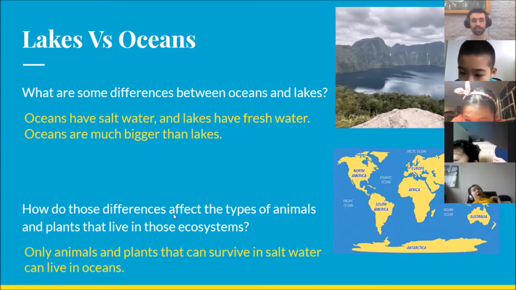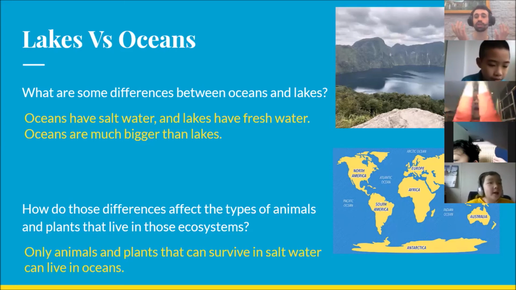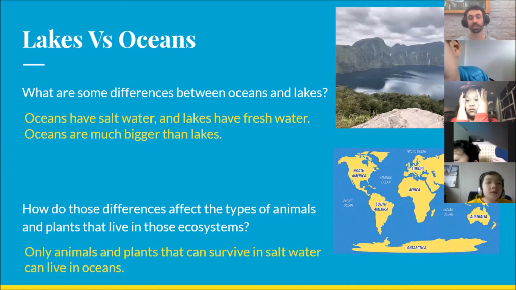Only animals and plants that survive in saltwater can live in oceans. Not every fish can live in saltwater. I'm going to explain it really quick for people that are curious: if you took a freshwater fish and put it into salt water, the salt water would pull the water out of the fish. I know that sounds weird, but the fresh water would get pulled out of the fish.